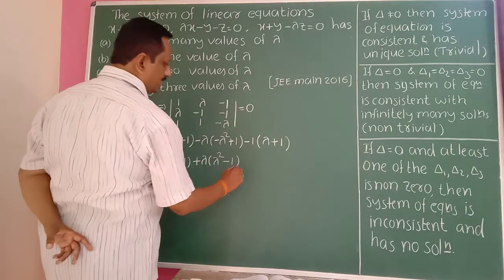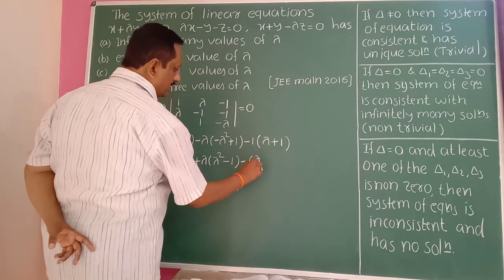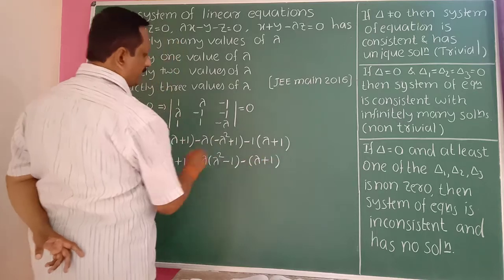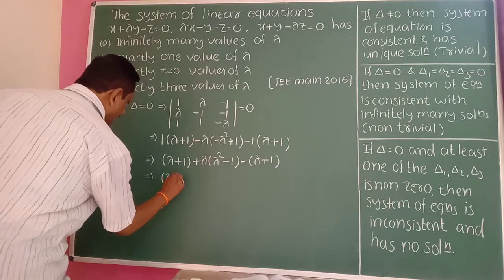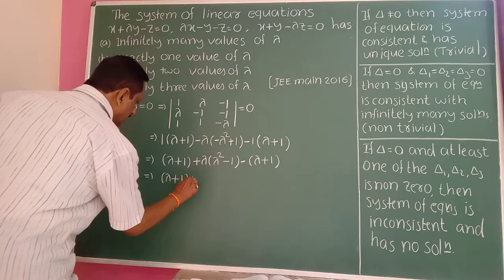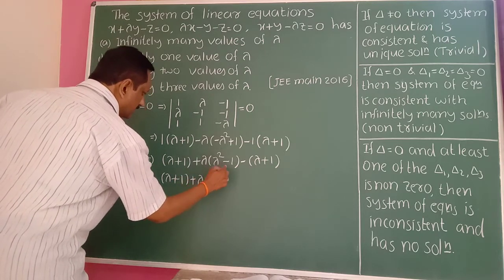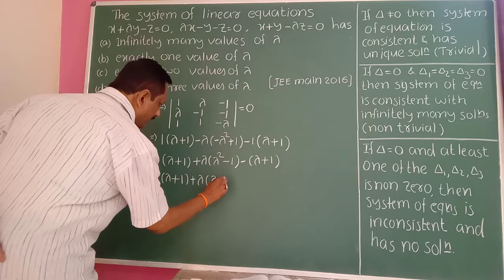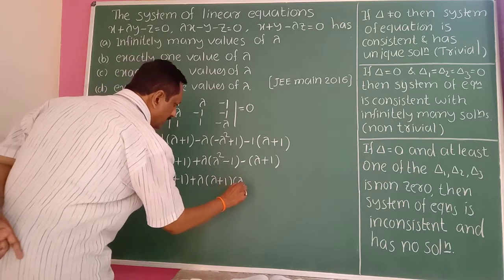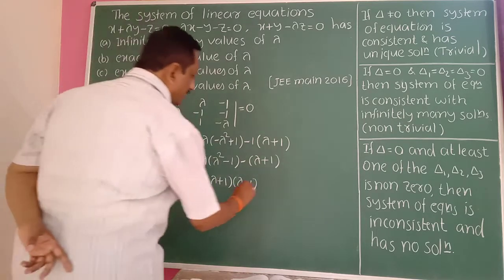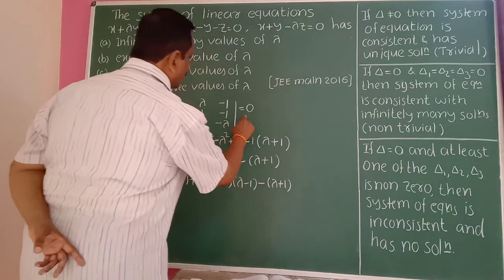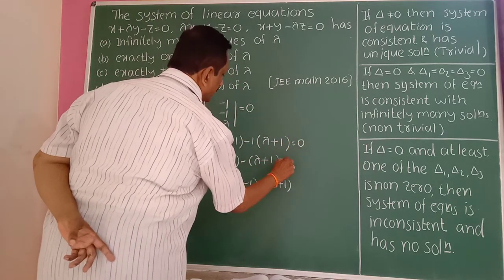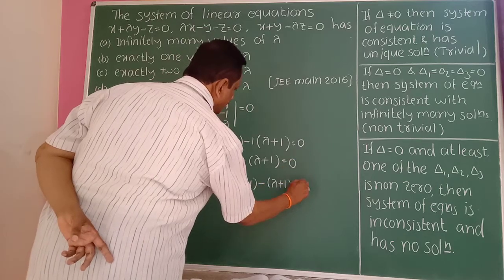Gives this result. Then minus of lambda plus 1 here. So therefore lambda plus 1 here plus lambda into lambda square minus 1 is lambda plus 1 into lambda minus 1 here. Then minus of lambda plus 1 here equal to what here? 0. Is equal to 0.